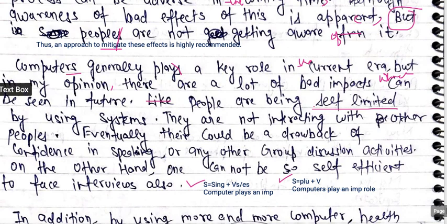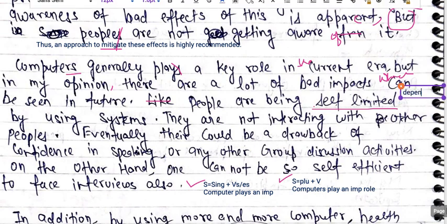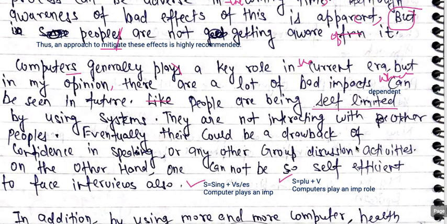Instead of self-limited we can say self-dependent. Do you want to say this or do you want to say something else? Self-dependent, self-limited. What do you want to say? Self-dependent. Okay, self-dependent by using systems. I think what you want to say is they are overly dependent on systems.